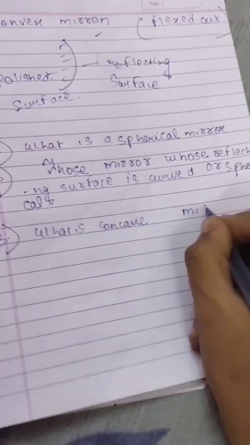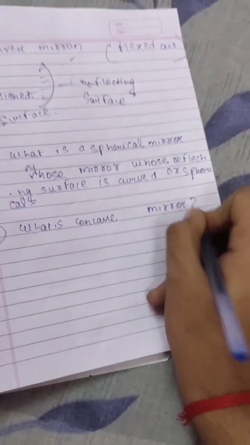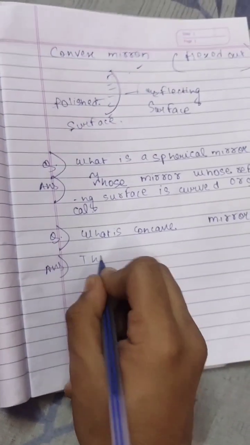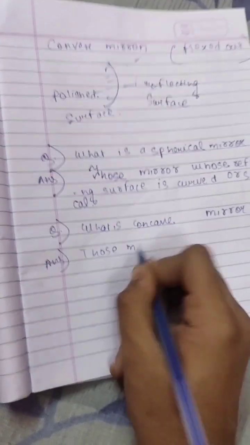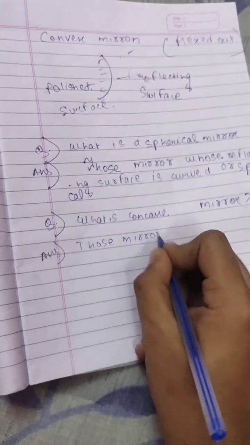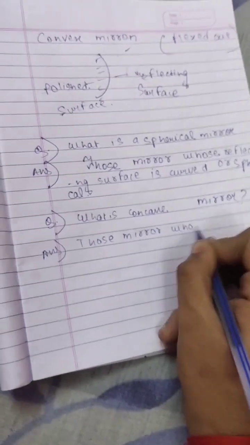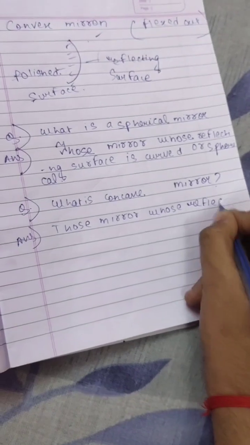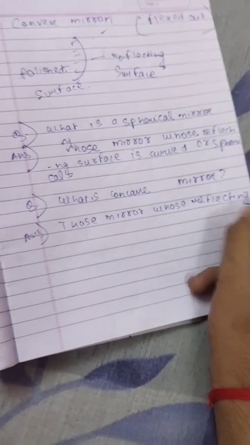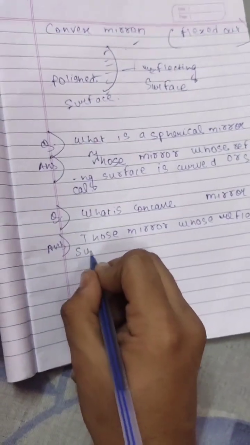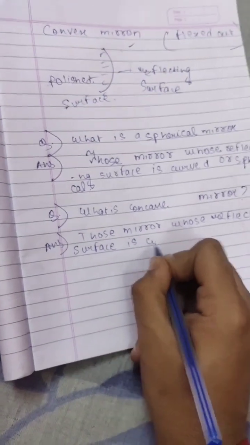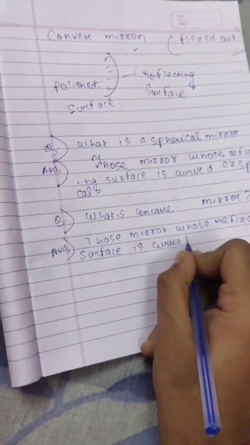Another question: what is a concave mirror? Answer: those spherical mirrors whose reflecting surface is curved inward.